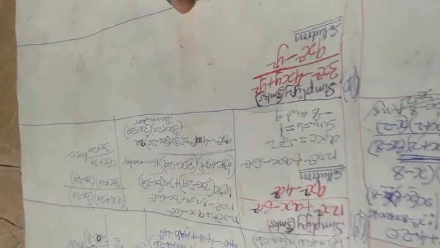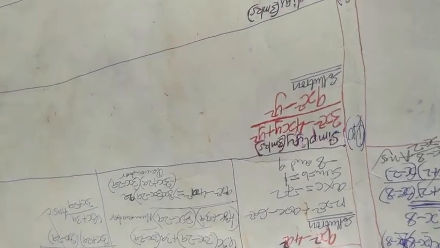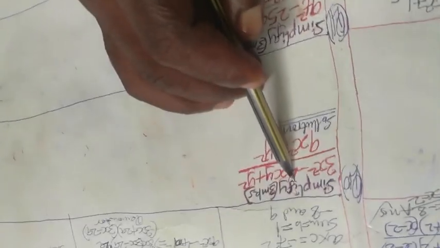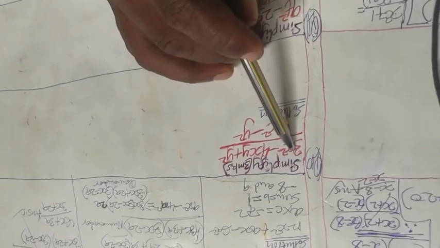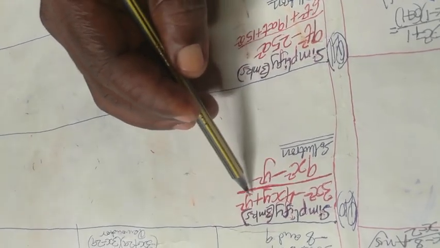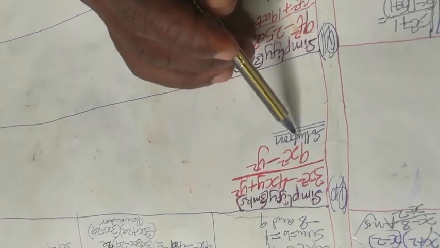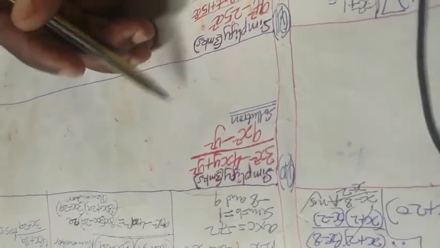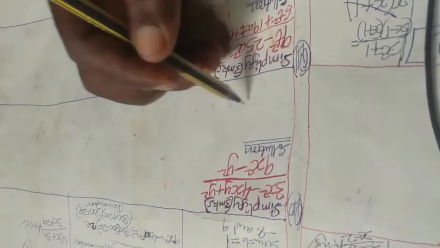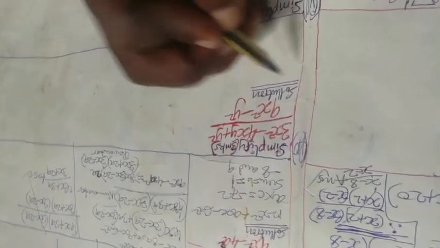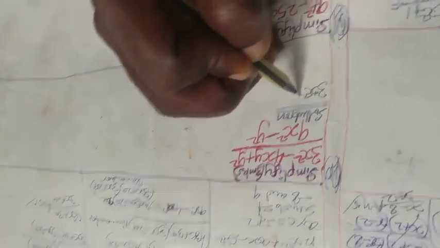We are going to question number 10. Question number 10 states: simplify 3x squared minus 4xy plus y squared over 9x squared minus y squared.